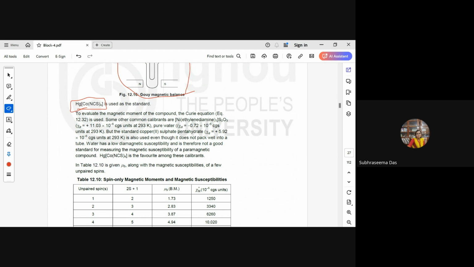Here the Curie equation is used. Other calibrants have been used. However, this one is mostly used because it has a good diamagnetic susceptibility and is comparable with others. Water has a very low diamagnetic susceptibility, and therefore it is not a good standard for measuring this.